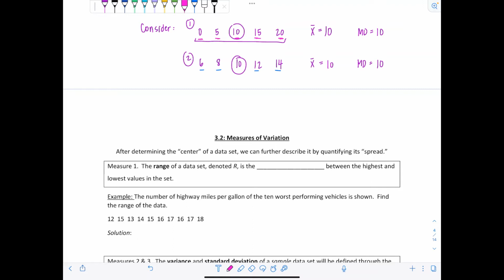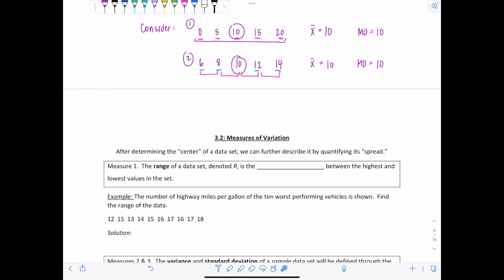In the second data set, notice the values are closer together. They only differ by 2, and they only go from 6 to 14. So that's why it's important not only to identify where the center of your data is, but the spread of it. And the spread is basically what we mean when we talk about variation.